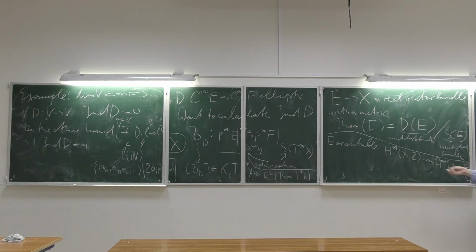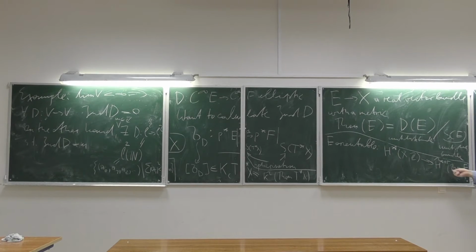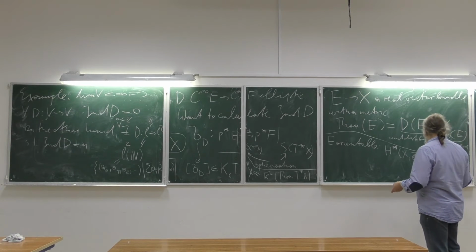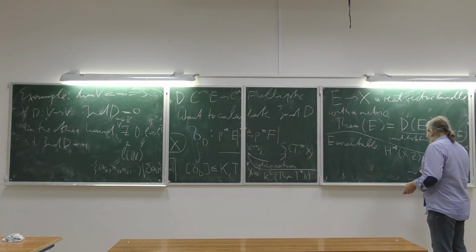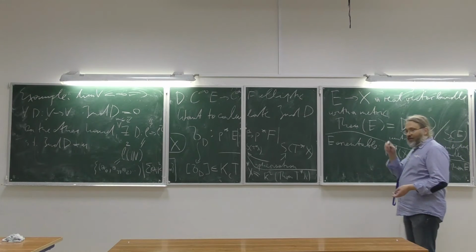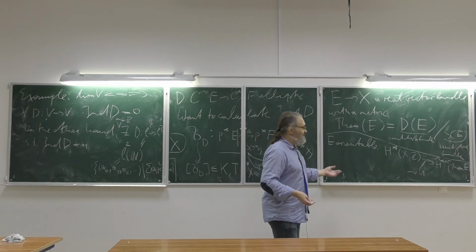So here we have the homology of X. And here we have the reduced homology of the Thom space. And here we have the cup product by the Thom class.